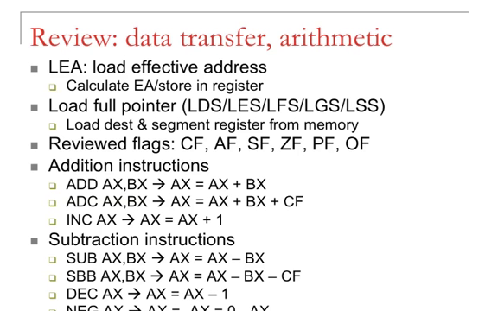Let's assume that starting from this location, DS colon ADDR, we stored bytes 1, 2, 3, 4, 5, 6, 7, 8, 9, 8. And I have the instruction LDS BX, bracket ADDR.